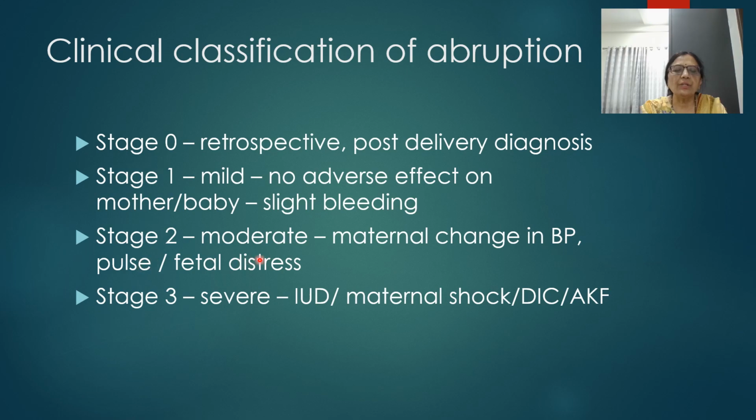Stage 2 is the moderate stage, when there are maternal changes in blood pressure and pulse as well as fetal distress. So fetal distress indicates stage 2. Whereas if there is intrauterine death, it indicates stage 3 or severe. Apart from intrauterine death, there will be serious maternal complications such as maternal shock, DIC or acute kidney failure.